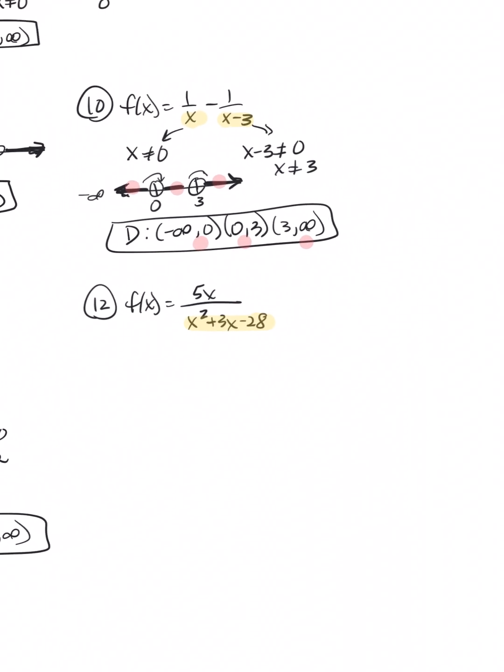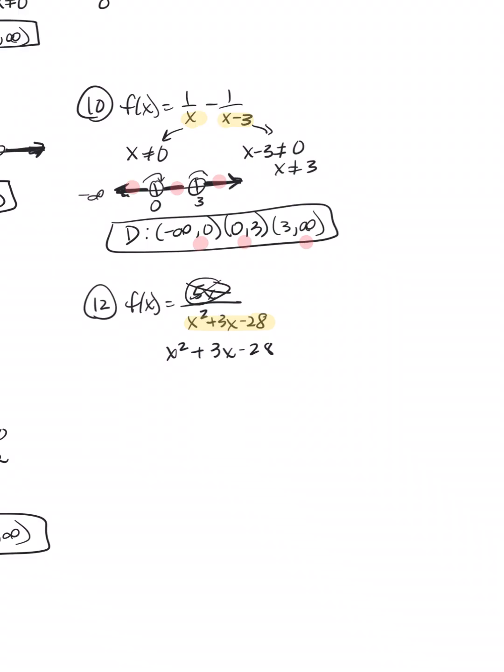Number 12. Okay, here's the factoring. Again, this 5x in the top, we don't really care. It's not going to create a scenario where we divide by 0, so we don't care in this problem because all we care about is domain. So let's take this denominator and factor it, okay?